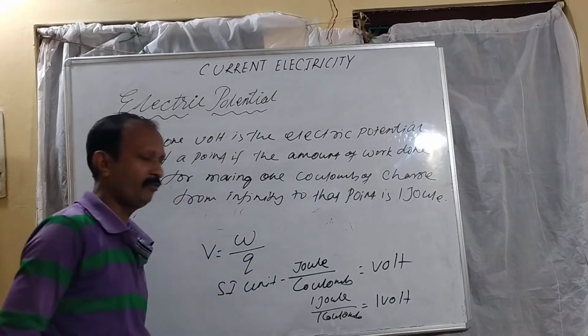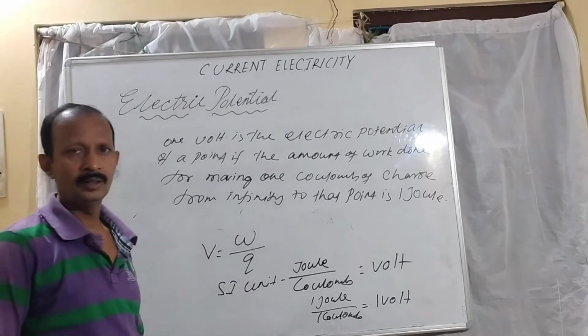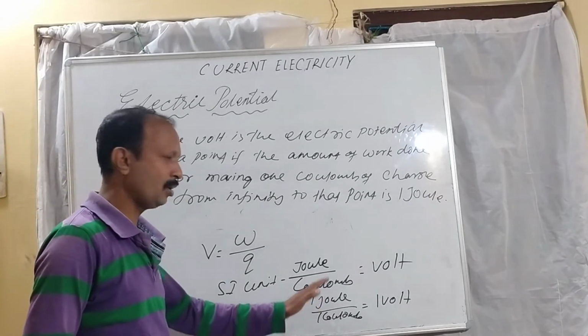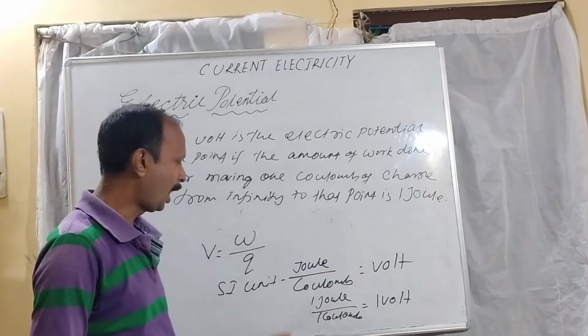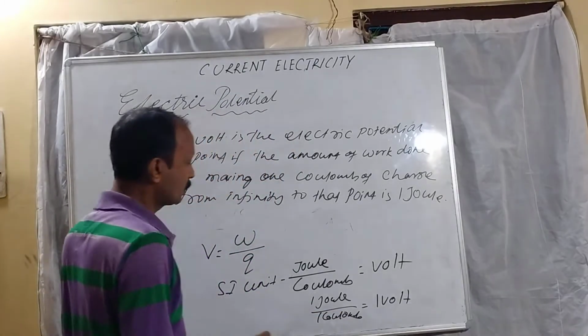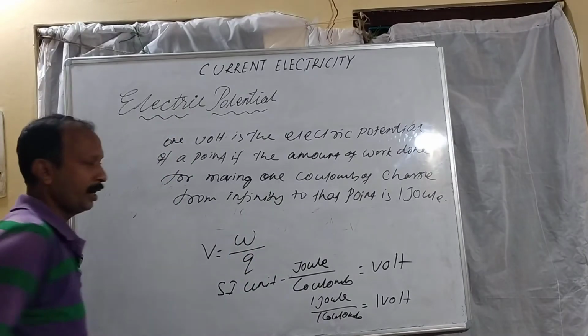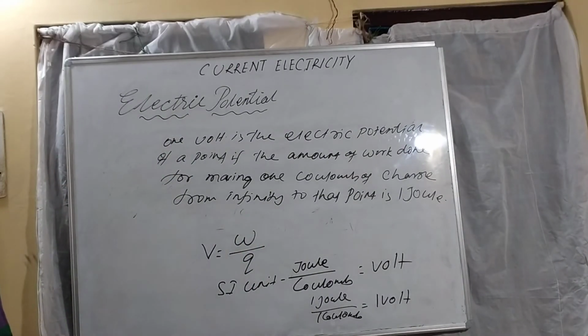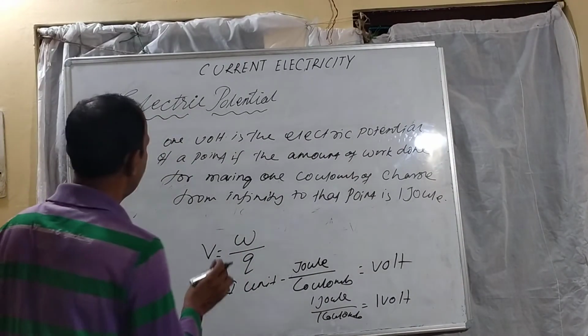Like this way I can define 1 volt. If I consider work done is 1 joule and the charge carried for doing that work is 1 coulomb, like this way I can say about the electric potential.